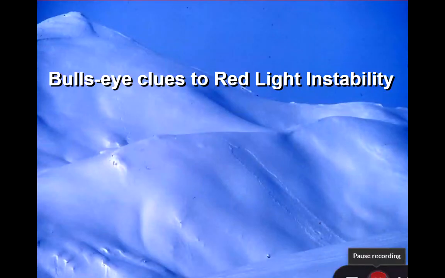So some of the red light clues to instability are going to be if you witness a natural avalanche. That's like the reddest light that you can get. If you observe recent avalanche activity on similar slopes, similar aspects to what you're thinking about traveling on, again, very obvious clue that instability exists.